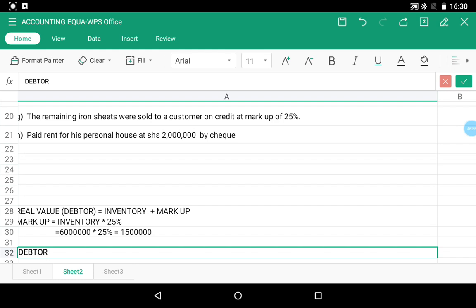Remember we said a debtor is a person who takes goods from the business on credit. So anytime we bring back money, he or she will pay.